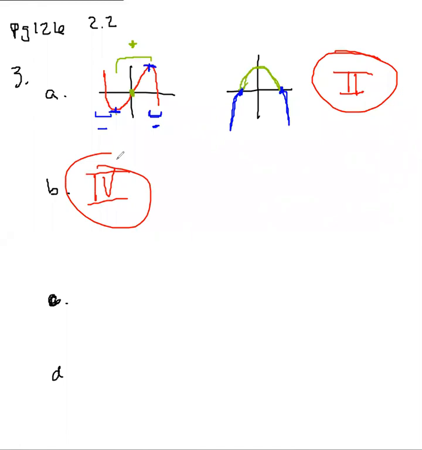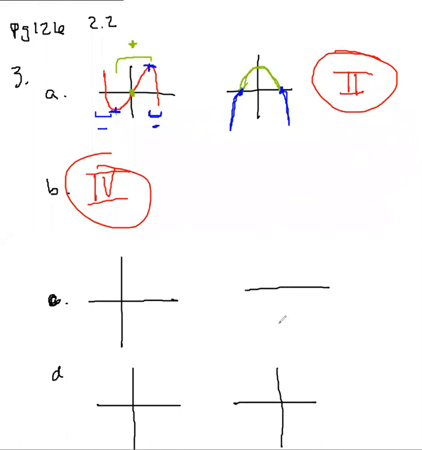So C as 1. Does anyone want to take a crack at that? For these 3? Okay. Well, C is 1. We have a function that looks like this, kind of exaggerated.